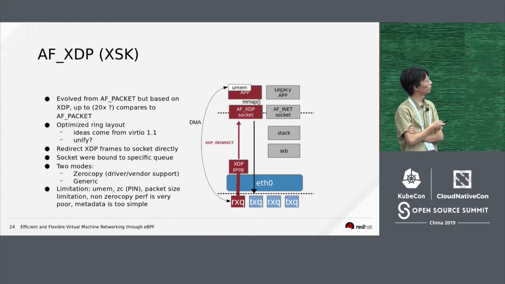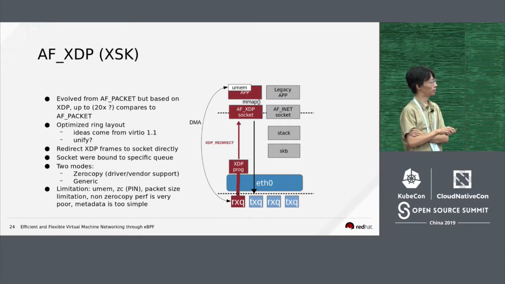And this is AF_XDP. As we have discussed in previous discussions, we can treat it as an AF_PACKET based on XDP. Compared to that, it is based on a memory map.